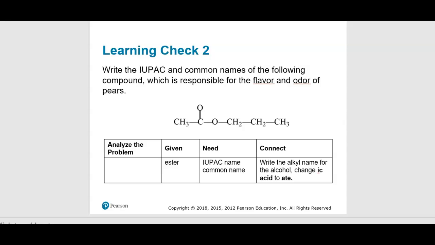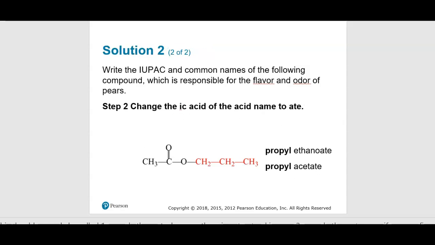Okay, so the alcohol is propyl alcohol, or 1-propanol, and it's going to be propyl, and the other one is from a C2, 2-carbon acid, that's acetic acid, so propyl acetate. So propyl ethanoate, that's the IUPAC name.